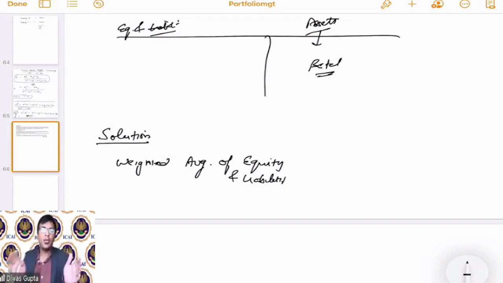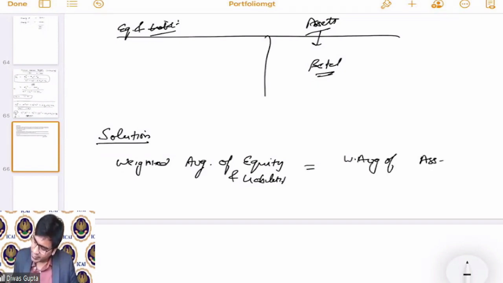Then only the entire company's beta will be consistent. So: weighted average of assets beta equals weighted average of equity and liability betas.